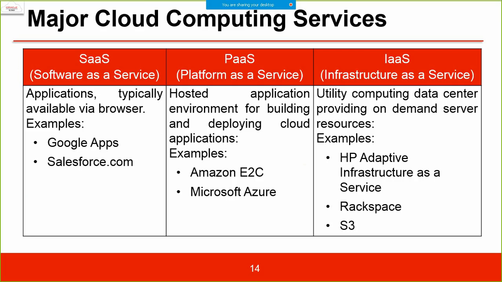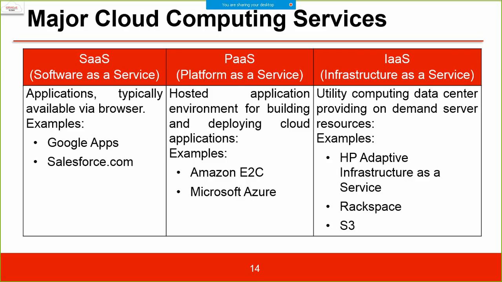For example, if I offer software as a service, SaaS, examples are Google Apps or Salesforce. That software is offered as a service. You can subscribe to the software and you pay for what you are using. So applications typically available via browser are software as a service, like Google Apps and Salesforce.com.